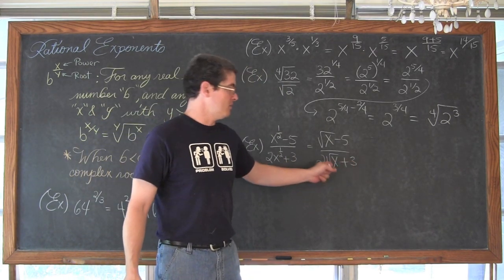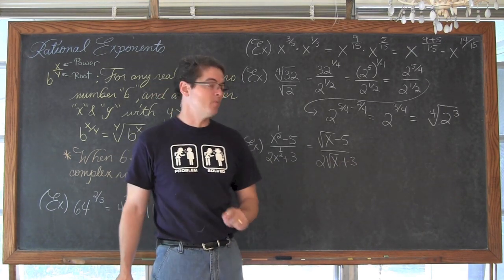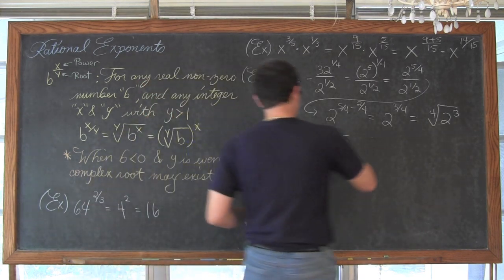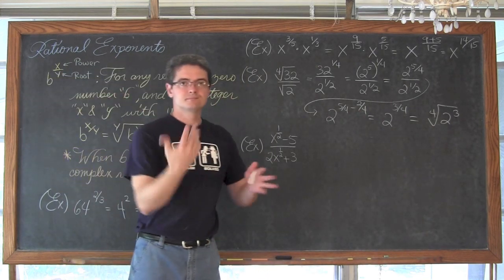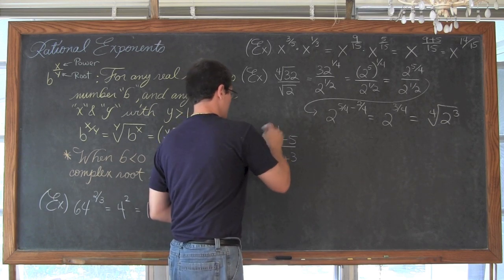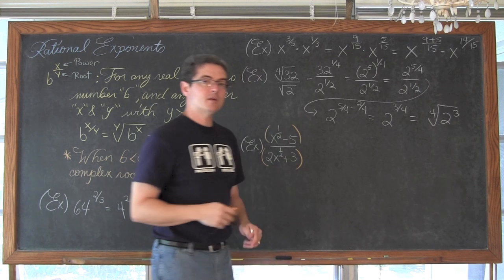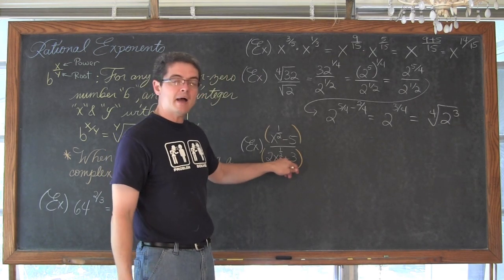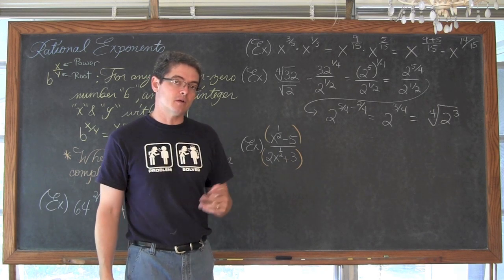When it's a binomial, you want to multiply by the conjugate. That means you just want to change the middle sign of the binomial. I don't really want to work with radicals though, because I'm assuming you're already comfortable with that, and we're trying to learn a new notation. So we're going to leave it in fractional exponent form, and we're going to multiply the numerator and denominator by the conjugate of the denominator, trying to get rid of that power of 1/2, because it is a square root in the denominator, and we want to get rid of that.